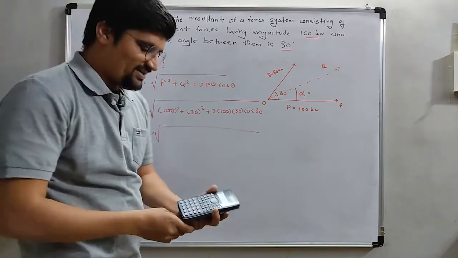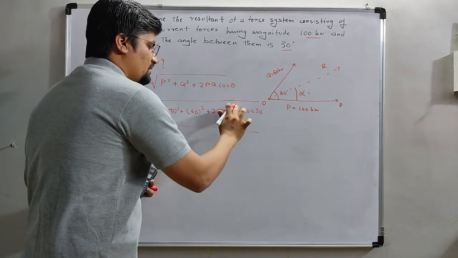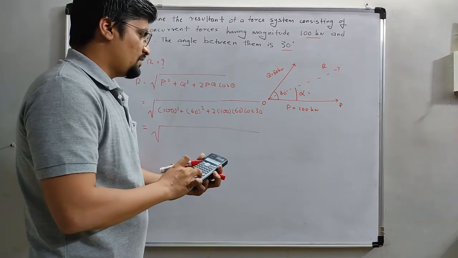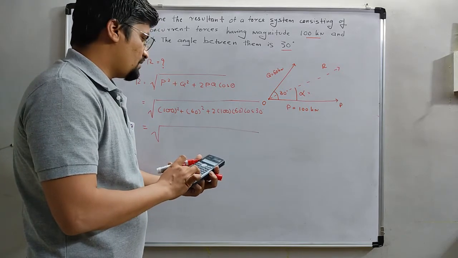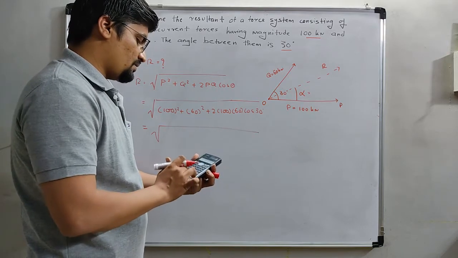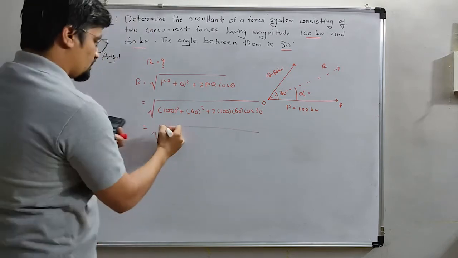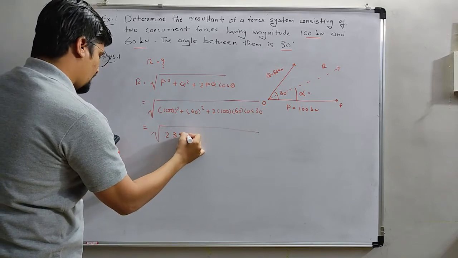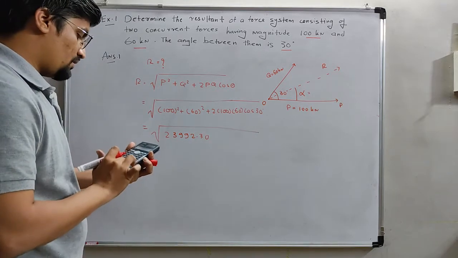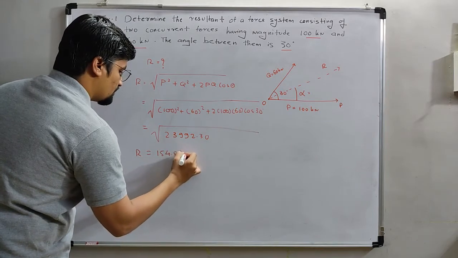I'm sorry, my mistake, Q is 60, so it is 60 square here also. So the answer will be 2399.2. The square root of this means the resultant is 154.8 kilonewton.